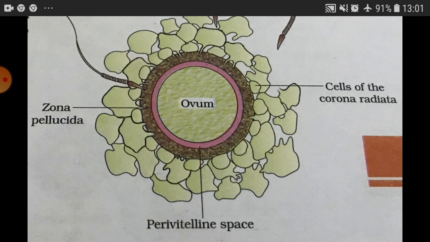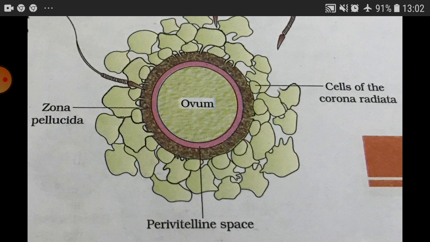The latter gives off microvilli to absorb food material from the follicular cells during the growth. The tiny vesicles known as the cortical granules lie just under the egg's plasma membrane. There are no centrioles in the ovum. So this is very important, that there are no centrioles in the ovum.